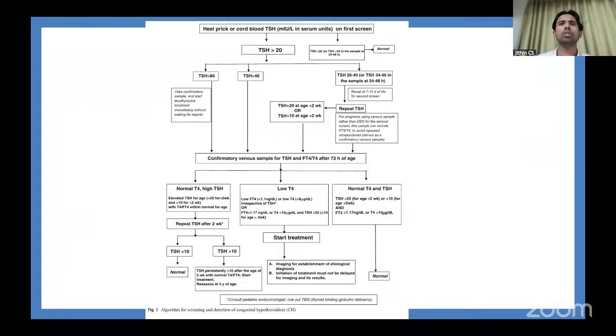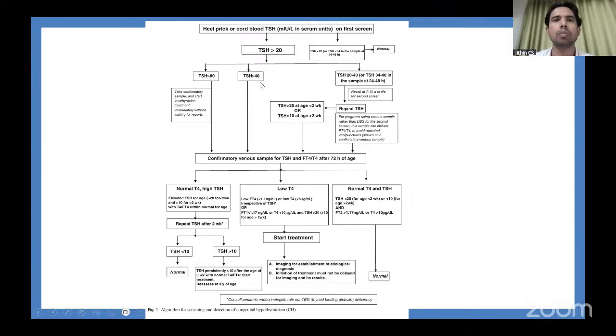And now coming to the algorithm. So generally for a TSH more than 20, we need to do a repeat test. For a very high TSH on the initial sample, more than 80, we need to take the confirmatory sample immediately and start levothyroxine.